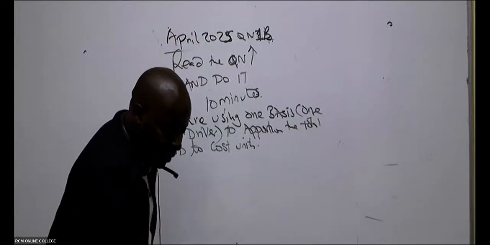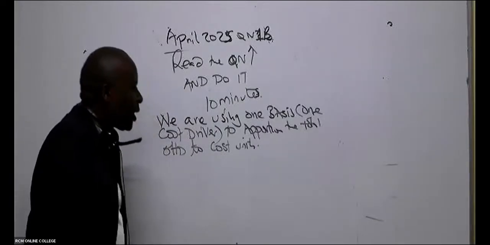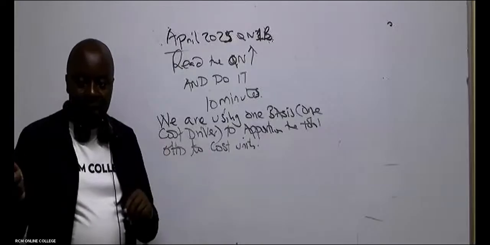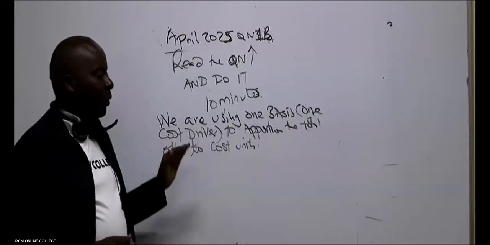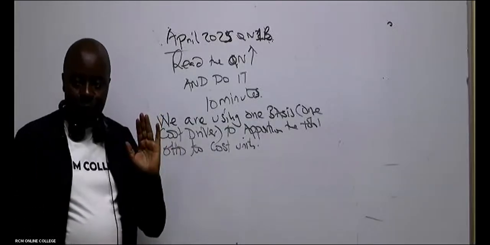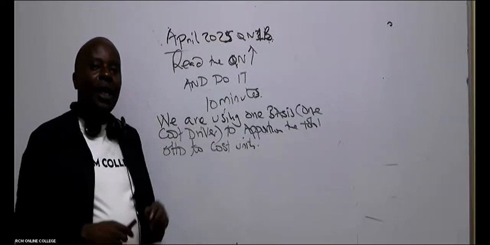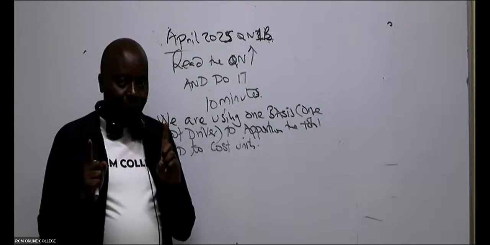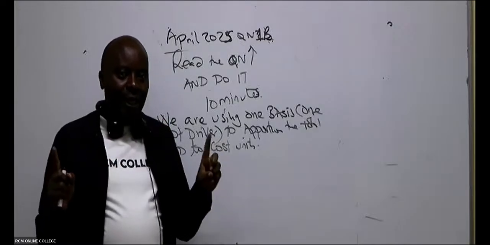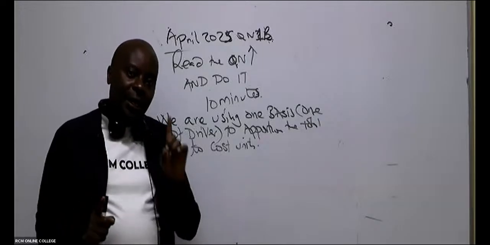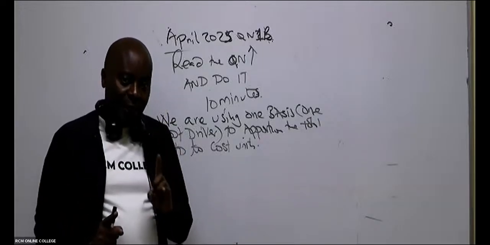So then that means that this particular cost driver, which is labor hours basis, will be applicable all through. And because it's applicable all through, then we call it company-wide basis, or one blanket basis.